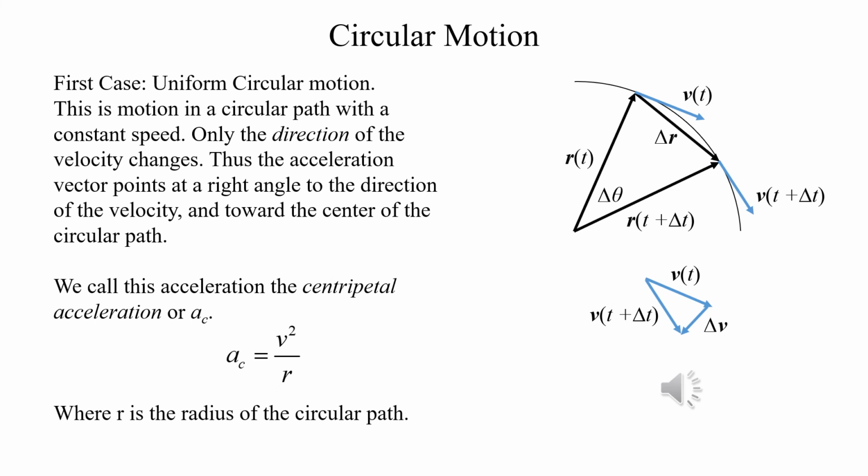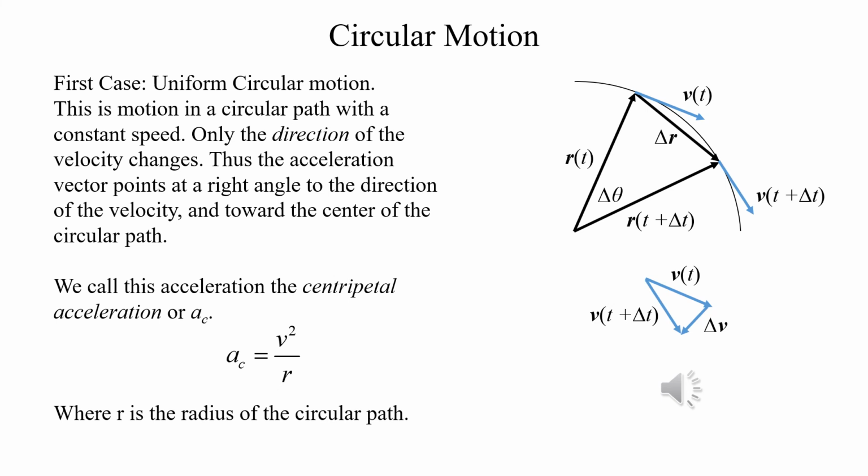And it can be shown that the centripetal acceleration magnitude can be written as v squared over r, where v is our speed, r is the radius of the circular path. So if we're moving in a circle at a constant speed, the magnitude of the centripetal acceleration is v squared over r. And notice that that's constant.